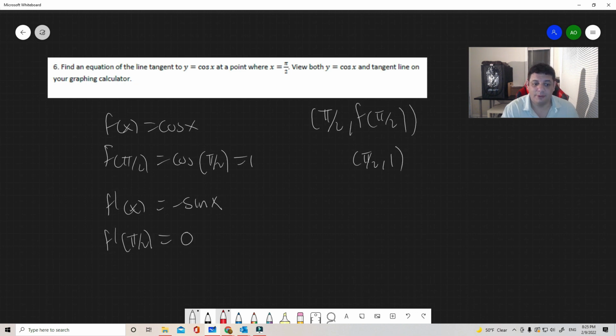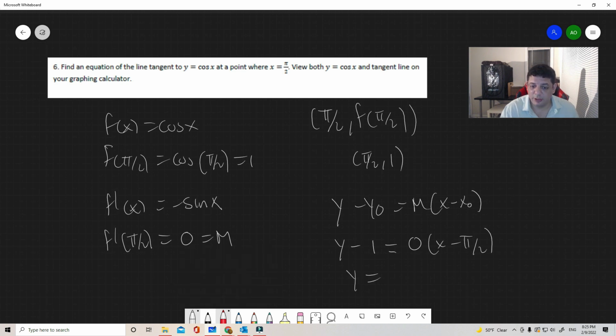Okay, so we're computing here, and now if we use the point slope, which is y minus y0 equals m times x minus x0, we get y minus 0 equals minus 1 times x minus pi half, which is going to yield y equals minus x plus pi half as the equation of the tangent line at that point. And that's all for this particular section.